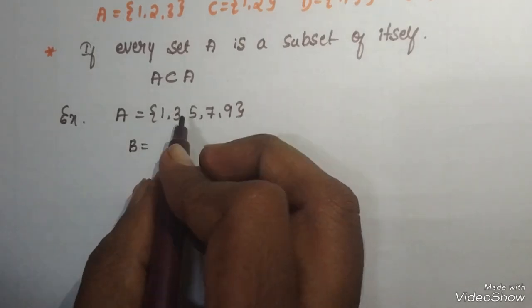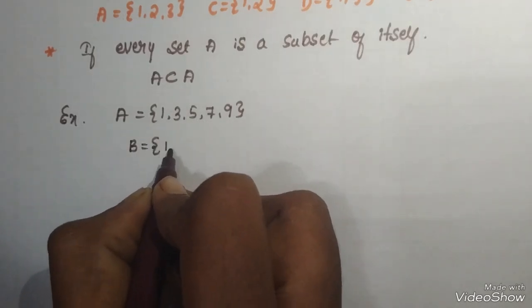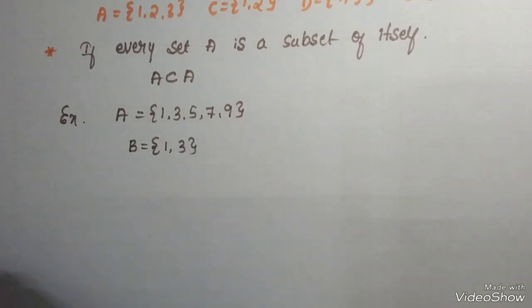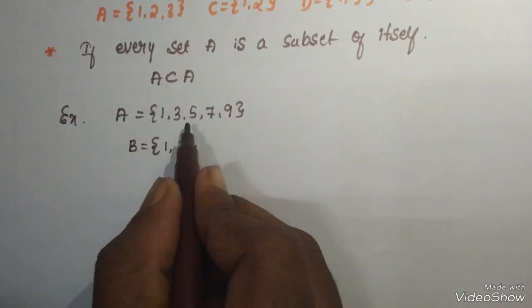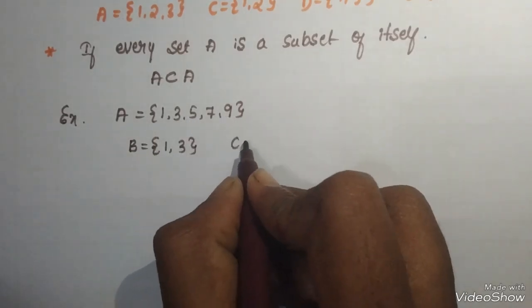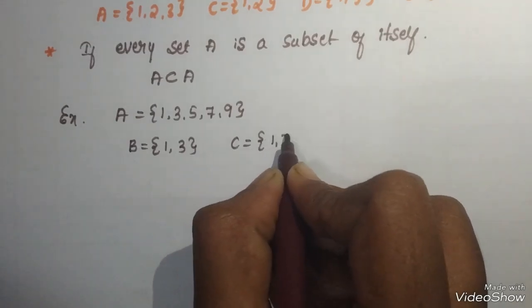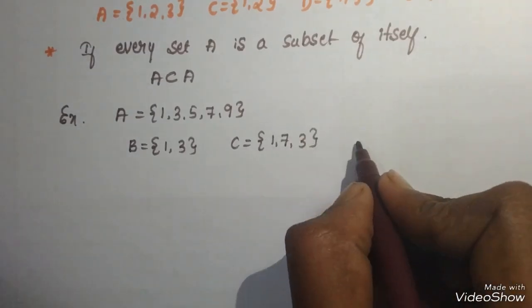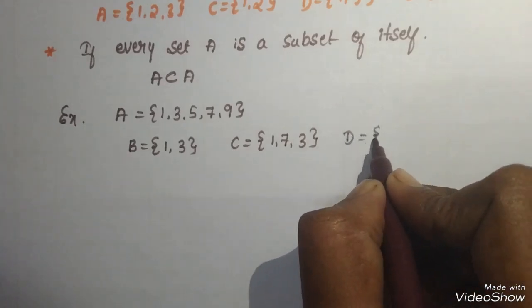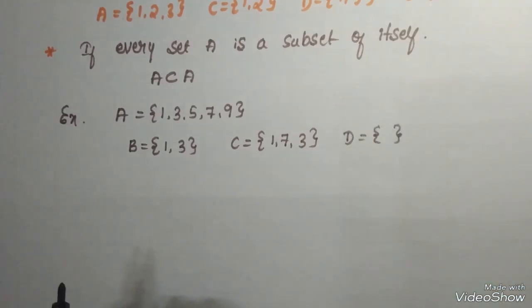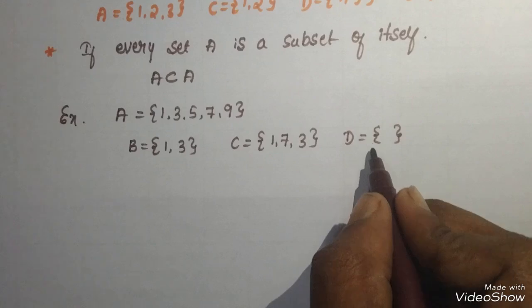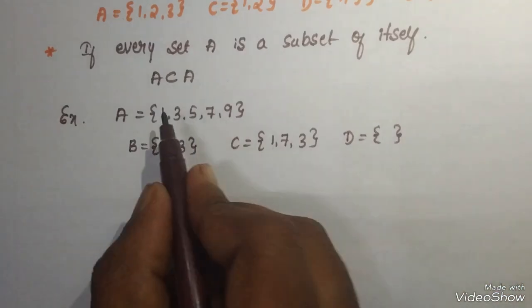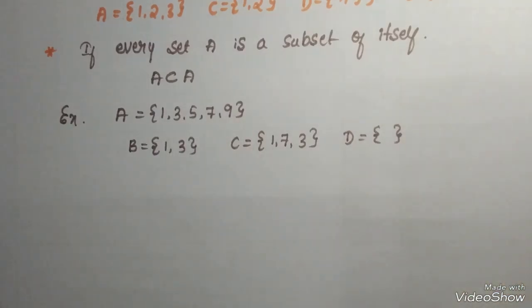A is the main set. B containing the elements 1, 3 is also a subset because these elements are present in A. Then {1, 7, 3} is also a subset of A. Again the empty set. Another important concept: the empty set is always a subset of every set.